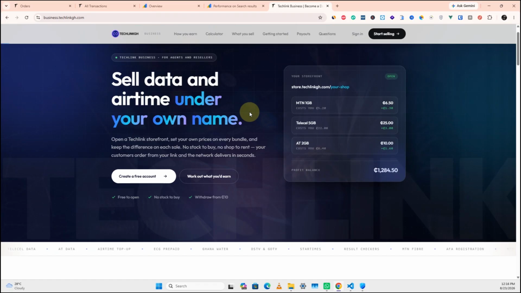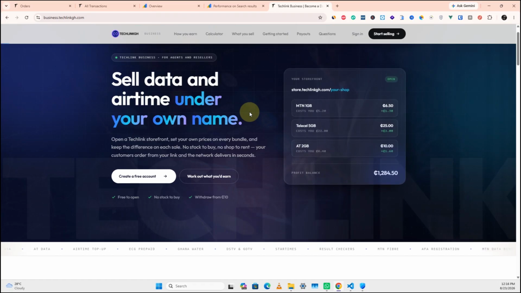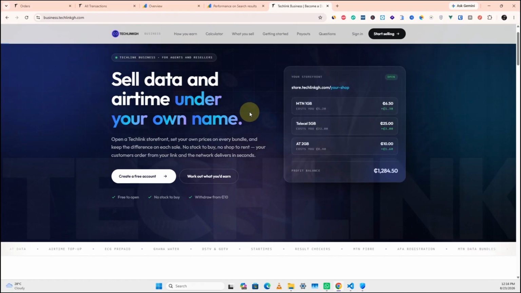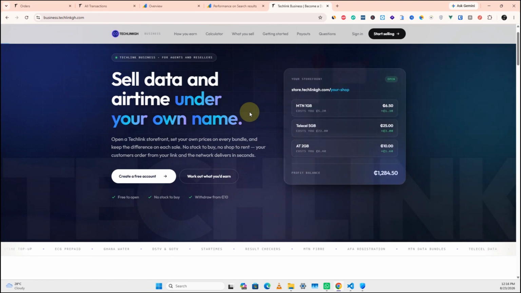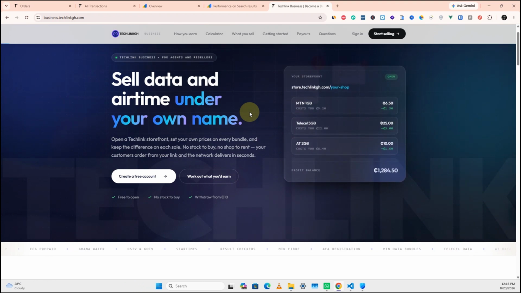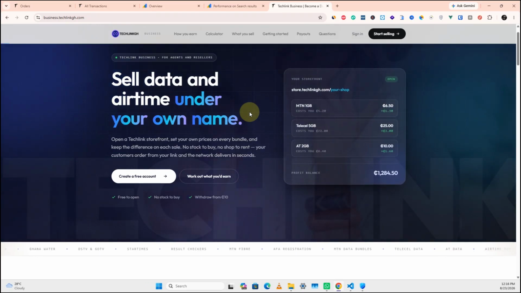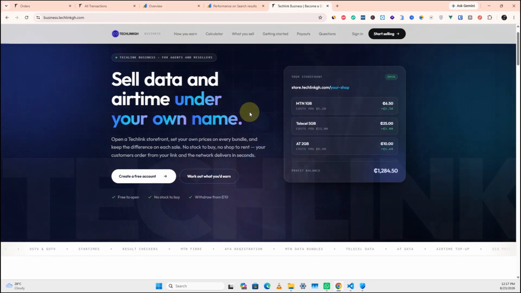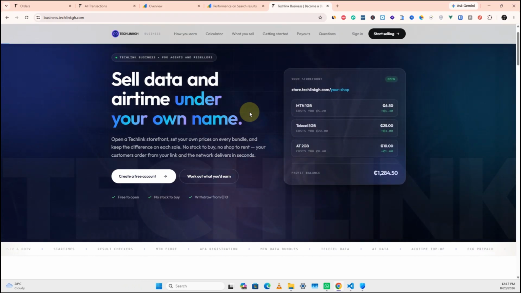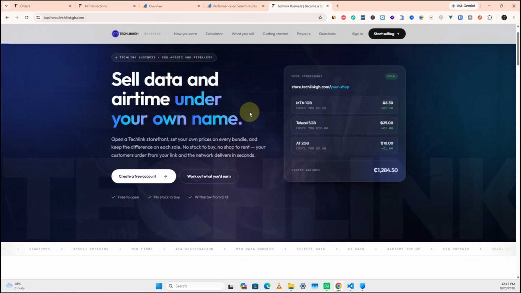If we are selling something to you at 5 cedis and you sell at 6 cedis, the 1 cedi that you get is your profit. Whatever you make, you get to keep. You get to withdraw from 10 cedis and above.